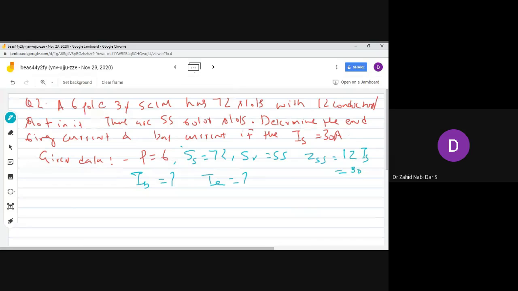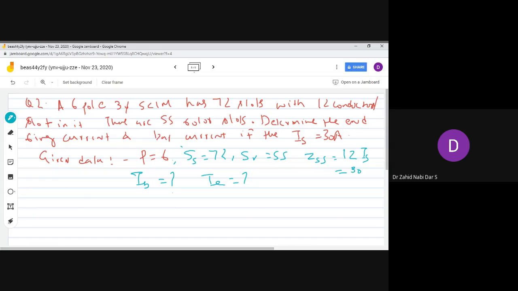I have time and again told you about turns per phase. In the stator, how many slots are you having? 72 slots with 12 conductors per slot. So total number of conductors would be 72 into 12.